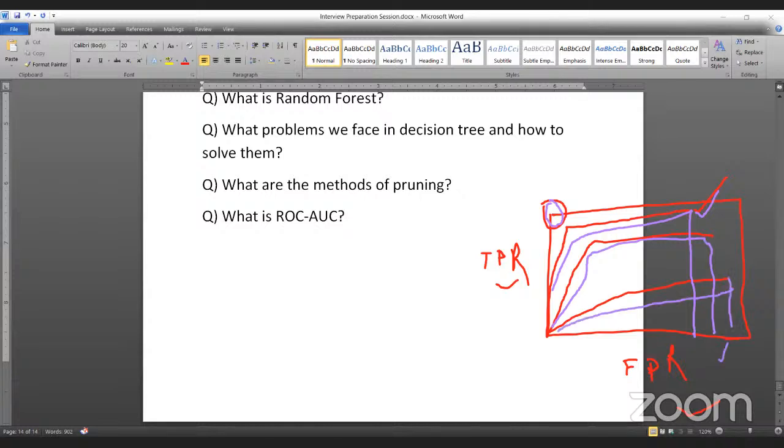Okay, now see, whichever graph is closer to this point will have more AUC. So you can say if a model has a higher AUC value, it is a better model. So it is closer to this left corner. Okay, I hope that is clear.